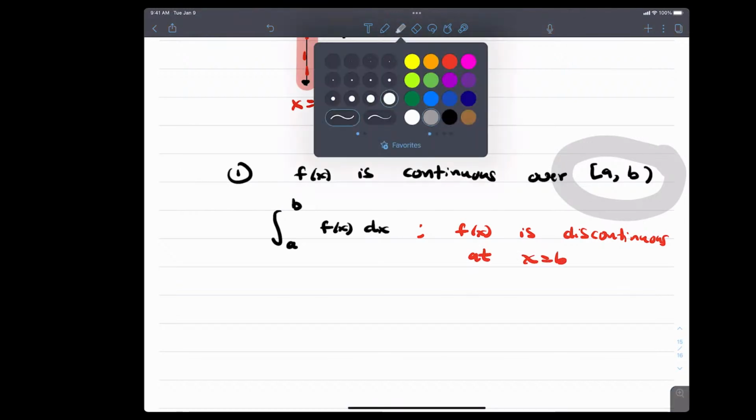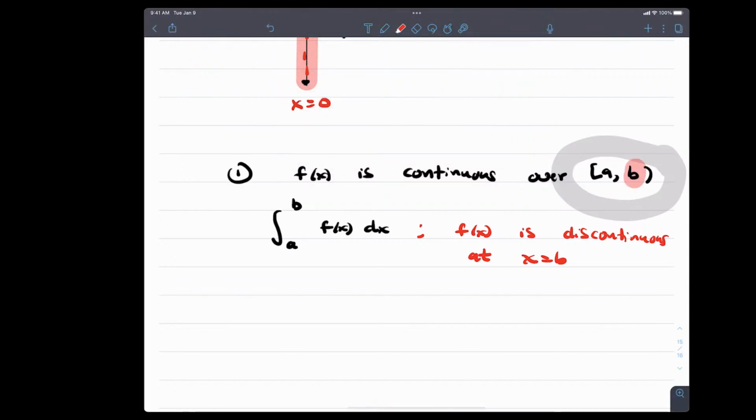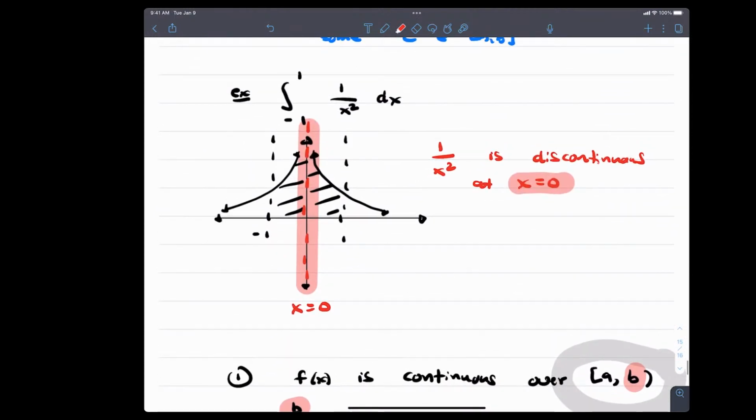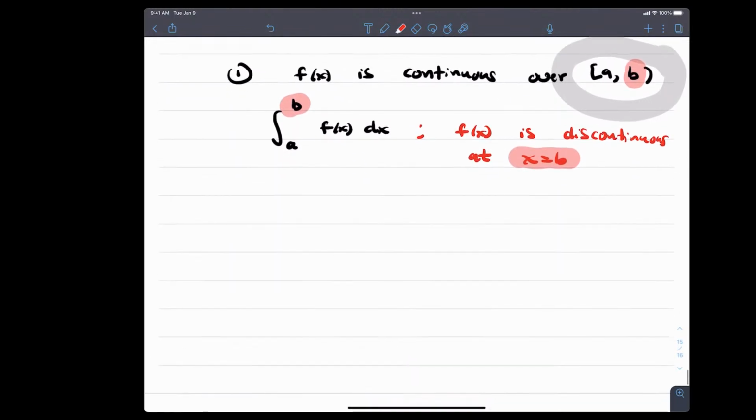Right here is that discontinuity at x = b. So at this b value, you have a discontinuity. It's just saying you're discontinuous at an endpoint. You have to start with these two cases before you can answer this simple kind of question, ironically. So you have what's called a discontinuity at your right endpoint, from a to b.